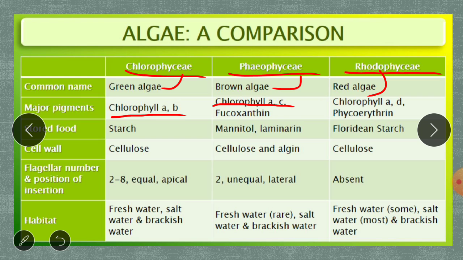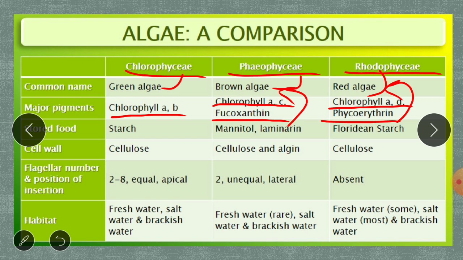Apart from this, the xanthophylls and carotenoids are present. From the types of the xanthophylls, fucoxanthin is the most important one, which is giving the brown color to the brown algae. In the Rhodophyceae, they are having the chlorophyll A and D. From this, the phycoerythrin, a very important one, which is giving the red color to the red algae.